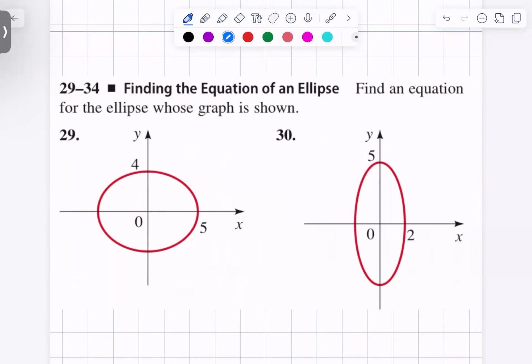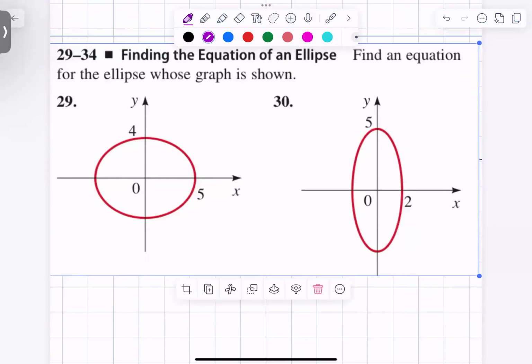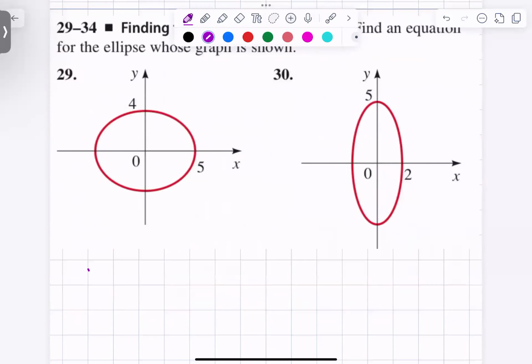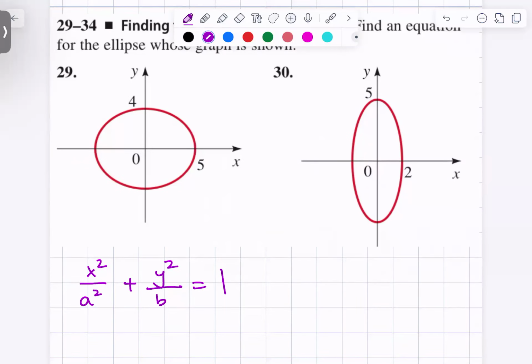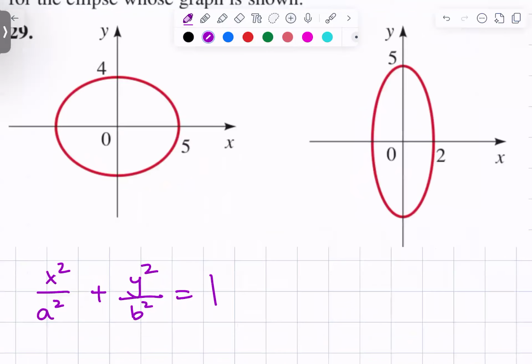Okay, so I know that this is an ellipse. The general form of an ellipse is x squared over a or b, plus y squared over the other equals 1. This one for number 29 is a fat one, a horizontal ellipse. So underneath my x squared is a, underneath my y squared is b, because my a value will always be bigger than my b value.